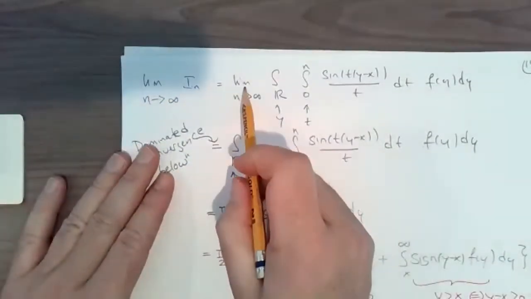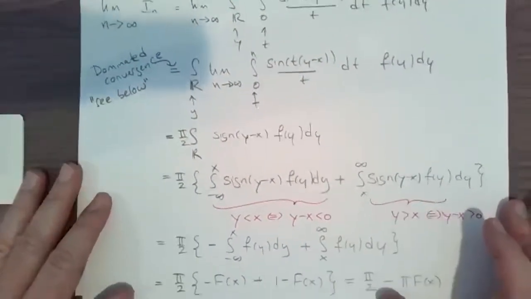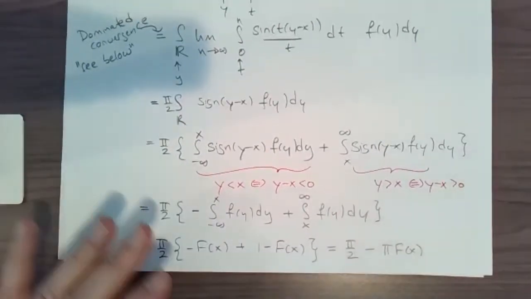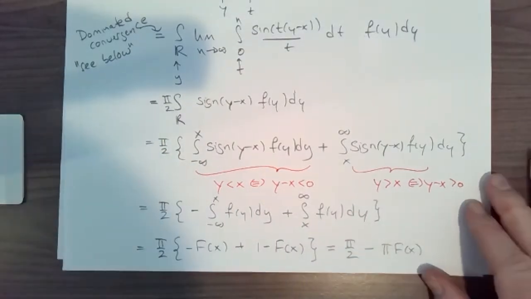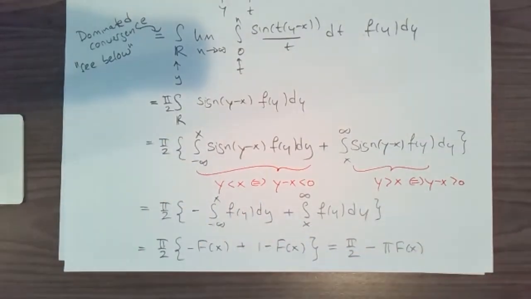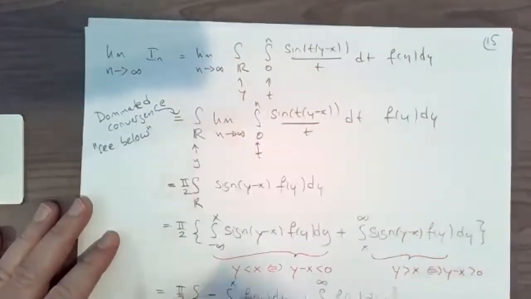So we need to pull that limit from out here in there. So before I take you through the dominated convergence part, are there questions on what we've done so far? So the only part that's missing is I need to justify that I can pull this limit inside.